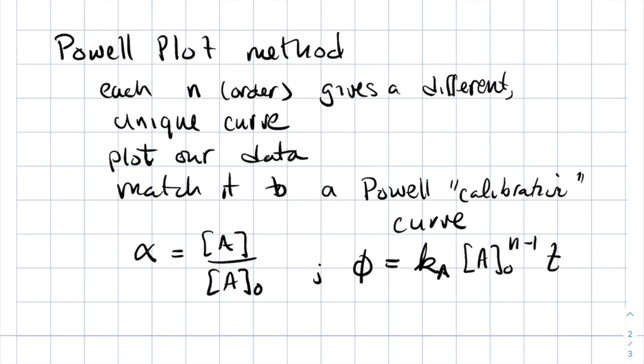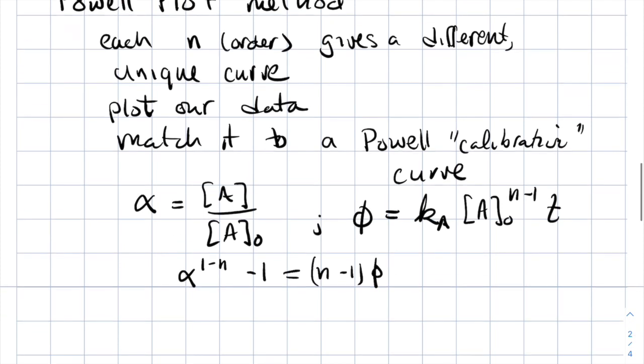Okay, so what we're going to do here is we have this expression, alpha to the 1 minus n minus 1 equals n minus 1 times this phi parameter. If you compare this to the fractional life expression, you can see that they're really the same thing.